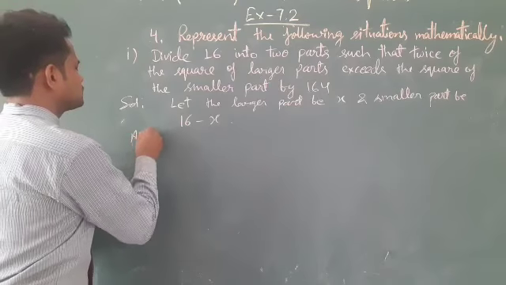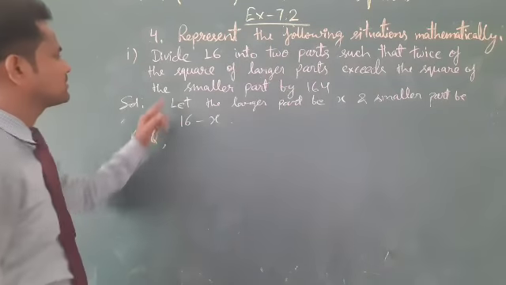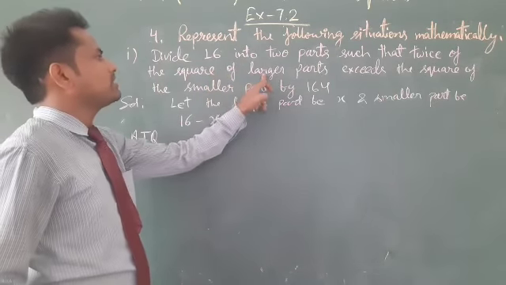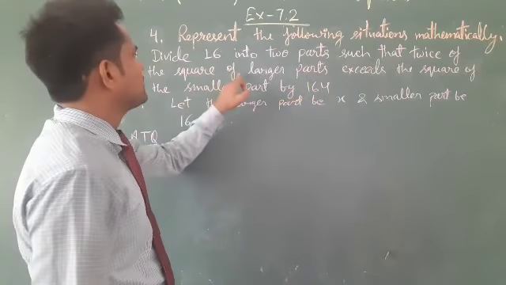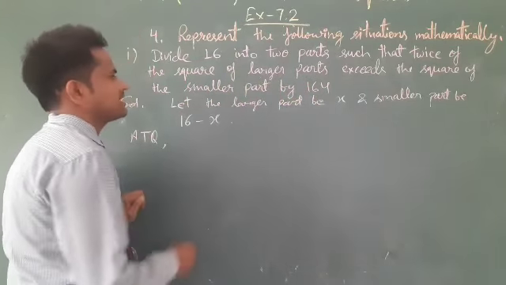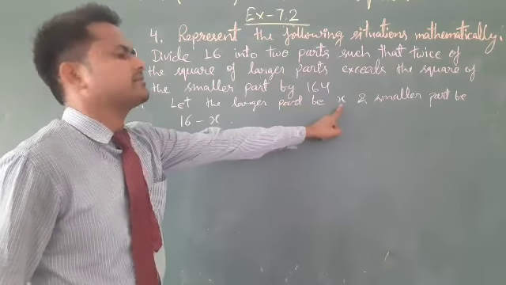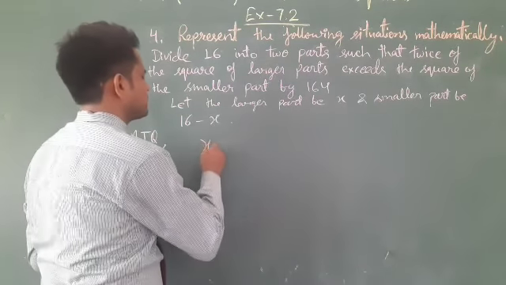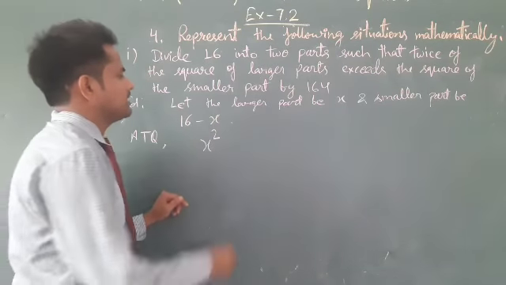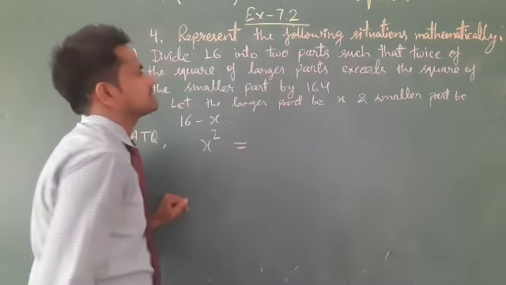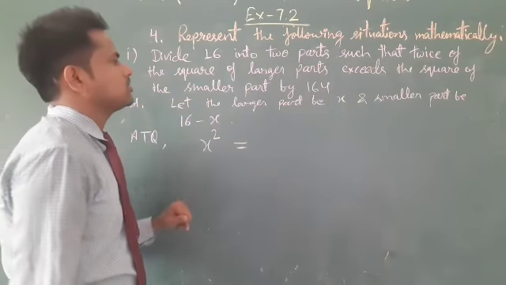Then according to the question, the square of the larger part, here the larger part is x, so the square of the larger part is x square, exceeds the square of the smaller part.